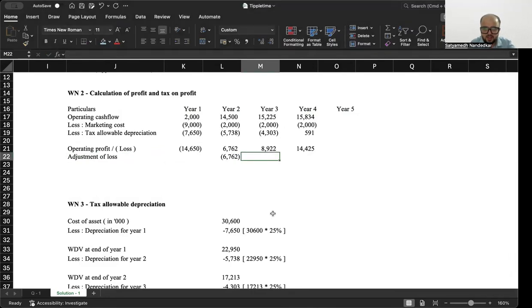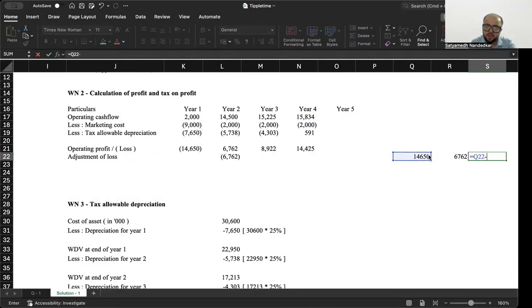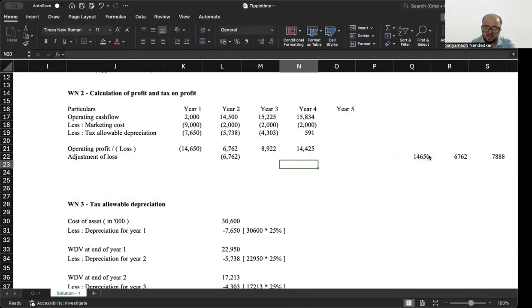After adjusting, see my total loss is 14,650. From that, I adjusted a loss of 6762. How much loss is still not adjusted after year 2? 7,888. So I will adjust minus 7,888 here, and then nothing of course to be adjusted in the last year.